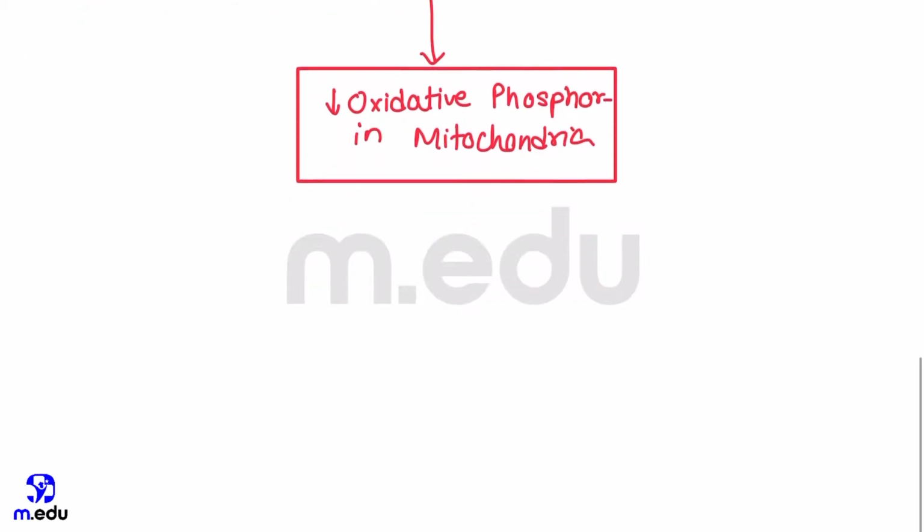Now, since there is a decreased oxidative phosphorylation, it will eventually lead to decreased ATP production inside the cells.